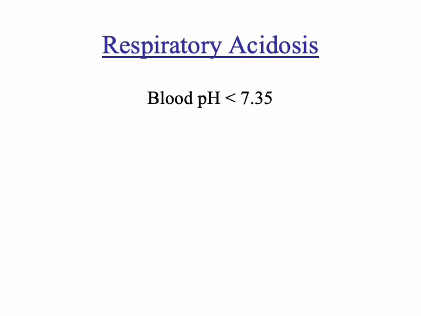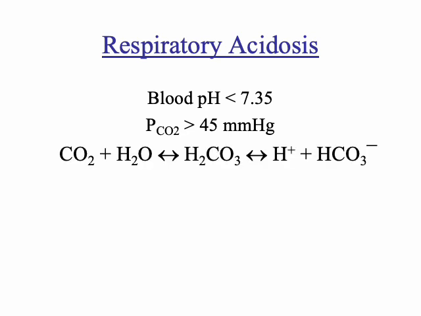For respiratory acidosis, we're looking at blood pH that's less than 7.35. Remember, lower numbers are acidic, and that means your concentration of carbon dioxide is greater than 45 millimeters of mercury. And you know that from this reaction. If you think about a high level of CO2, it's going to push to the right and then form the acid and the bicarb.